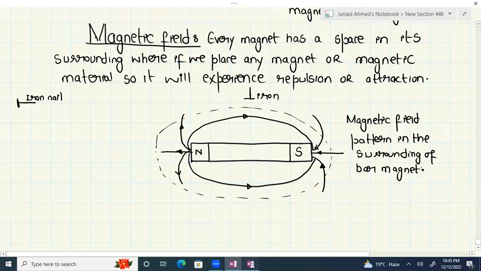Acha, if you closely monitor, the magnetic field lines are running from north to south. So magnetic field lines have the direction from north to south.